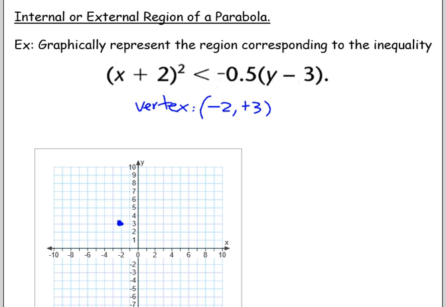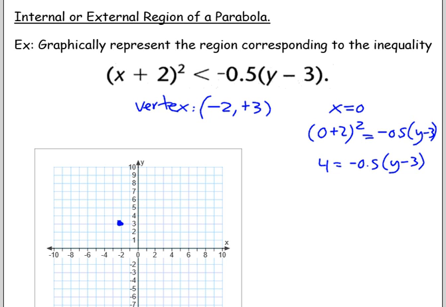Now, if you want, you can find some points to help you graph because you don't know how wide it is. So the easiest I find is to plug in x is equal to 0. If you plug in x is equal to 0, you're going to get this, and I'm going to put it equal because I'm looking for the point. So that's 4 is equal to minus 0.5 (y minus 3) divided by negative 0.5.